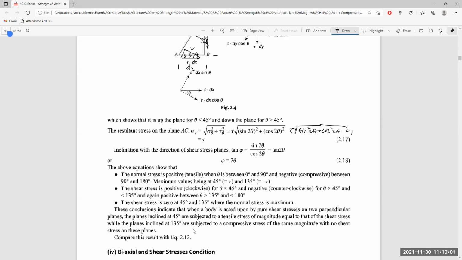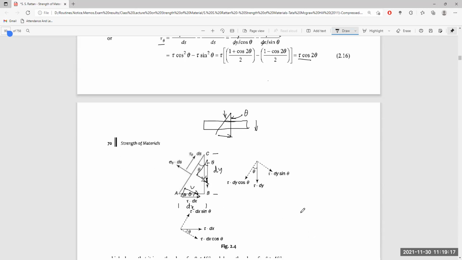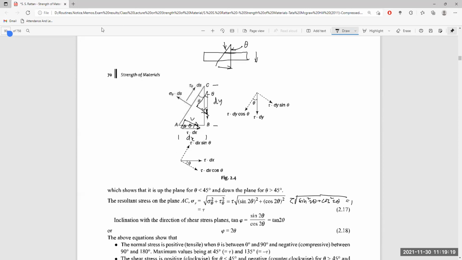So what are we saying here? The normal stress is positive when theta is between 0 to 90 degrees. What is theta from 0 to 90 degrees? This position here. What is the value of normal stress?